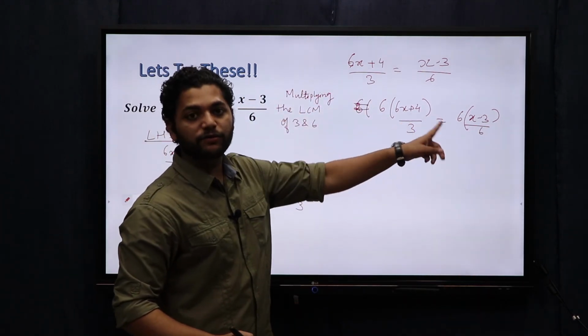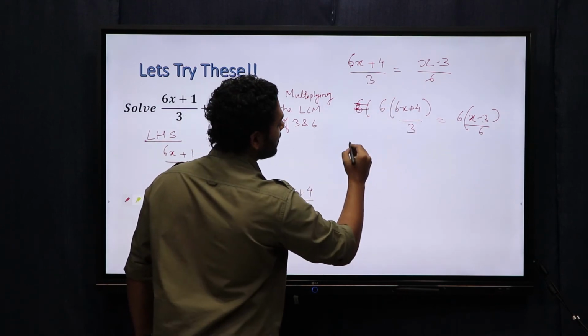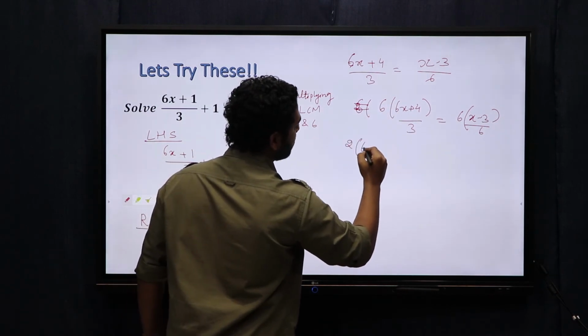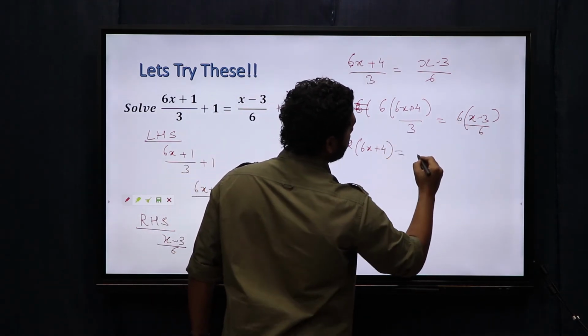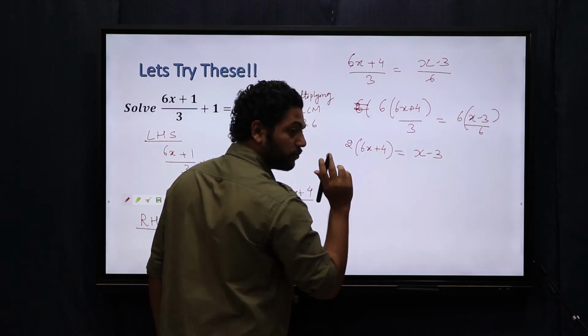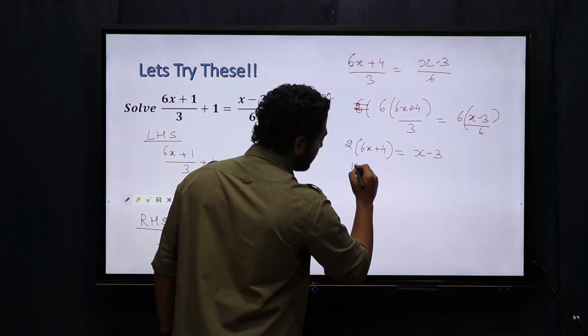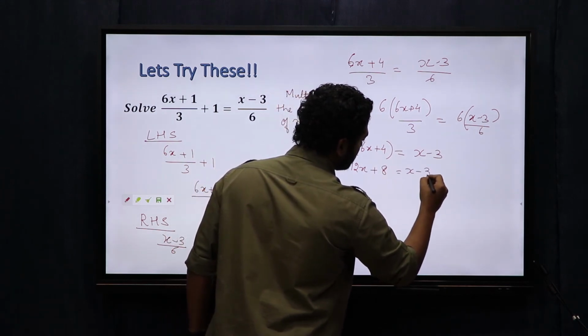I have multiplied 6 on both the sides. Now what will happen? I'll cancel 3 and 6 here and I'll get 2. 2 times 6x plus 4 is equal to, 6 and 6 will get cancelled, so I'll just get x minus 3. I'll open the bracket here using the distributive property. I'll get 12x plus 8 equal to x minus 3.